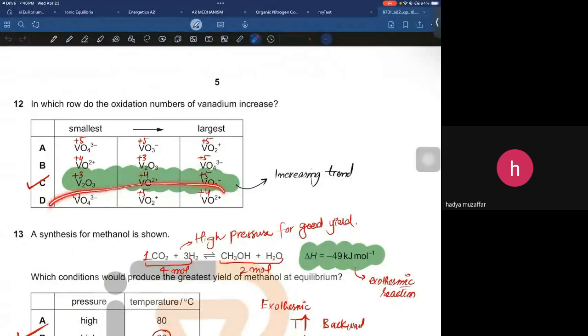That's why option D is incorrect. It first decreases, then increases. But in the question they were saying it only increases. So we have to select the option in which the oxidation number is only increasing. That's why option C is correct.